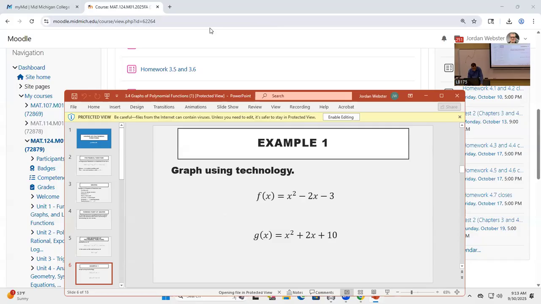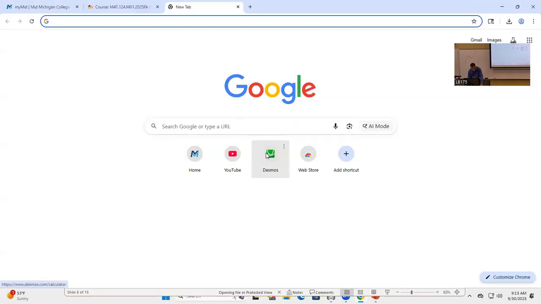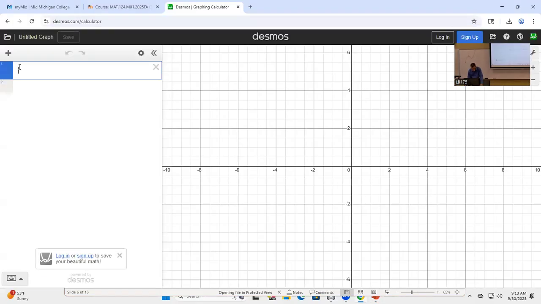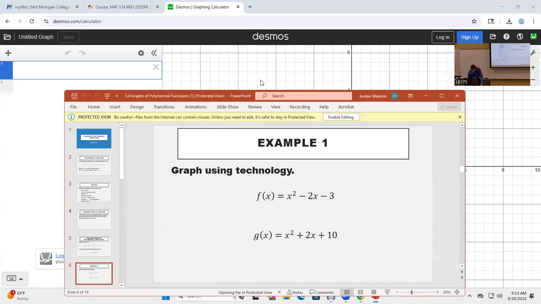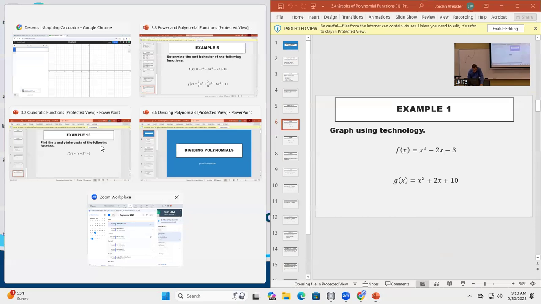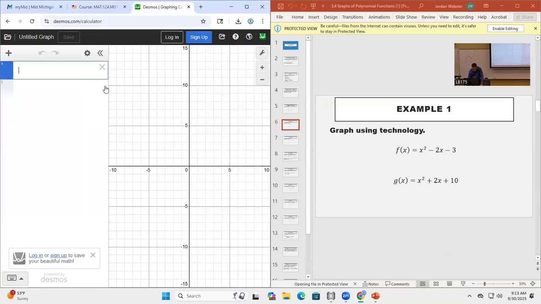You can also do this on your graphing calculator as well.